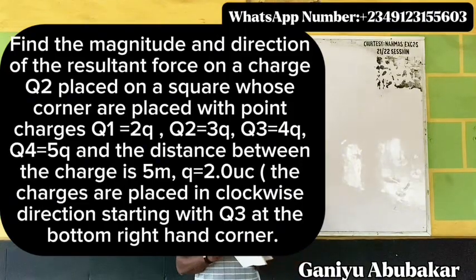Q is equal to 2 microcoulomb. The charges are placed in clockwise direction, starting with Q3 at the bottom right hand corner.